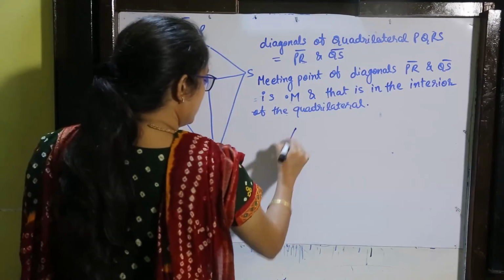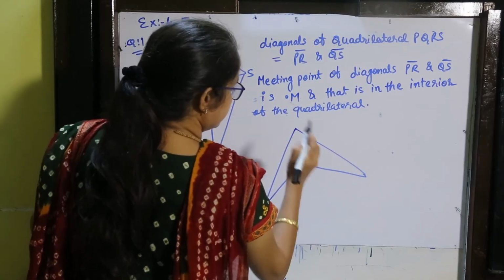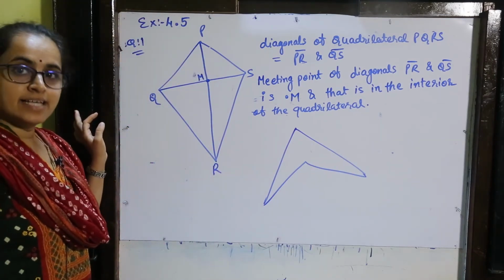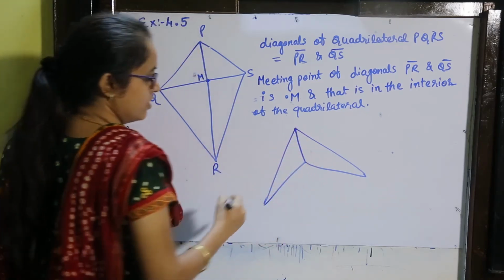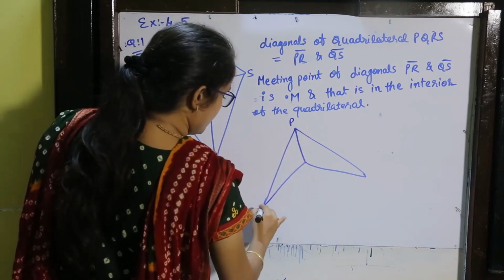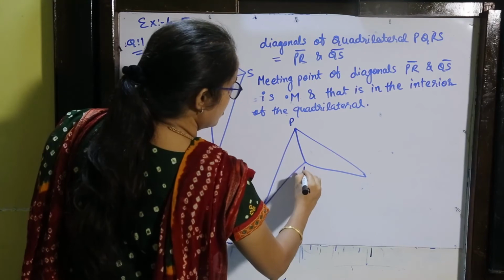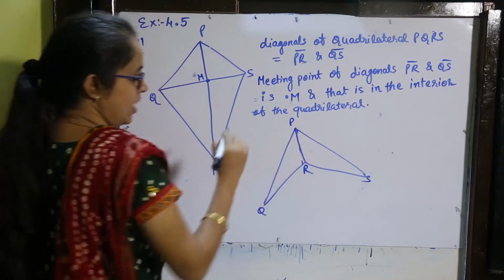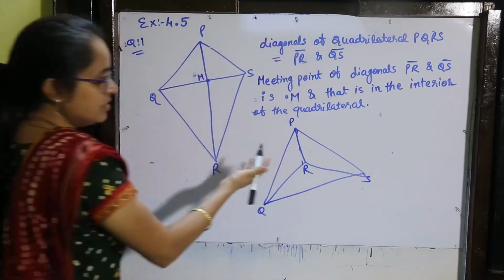For example, take a quadrilateral. Is it a quadrilateral or not? Yes, it is a quadrilateral because it has 4 sides and 4 corners. But see the diagonals of this. One diagonal, suppose I draw PQRS like this. One diagonal is this and the other diagonal is this. Does it meet anywhere?